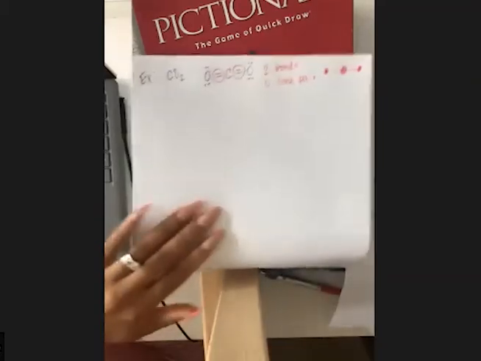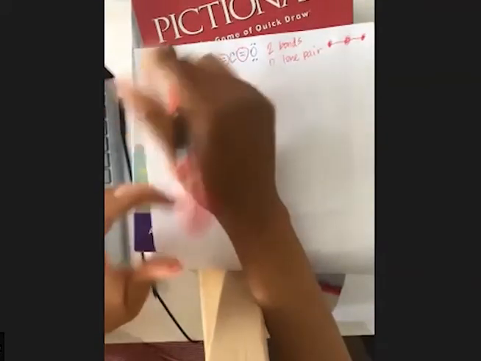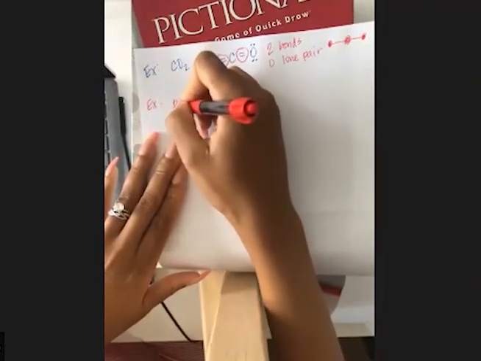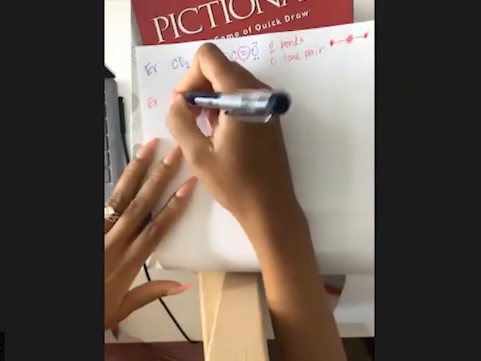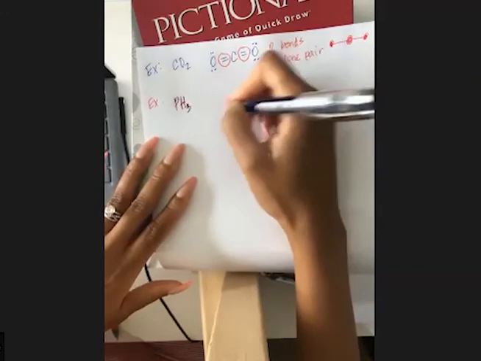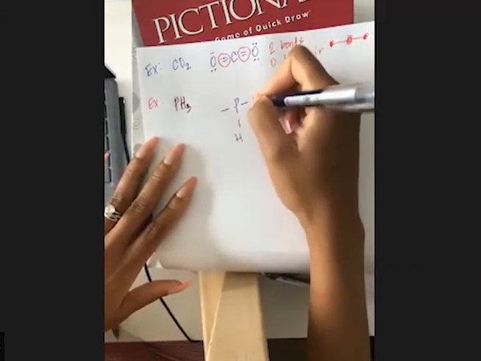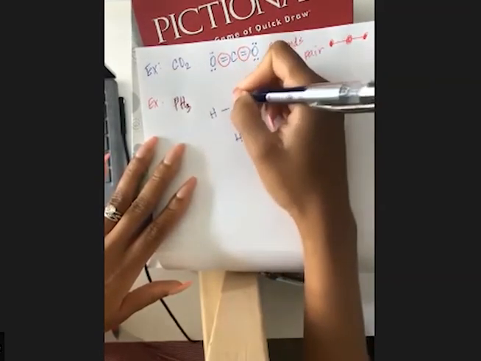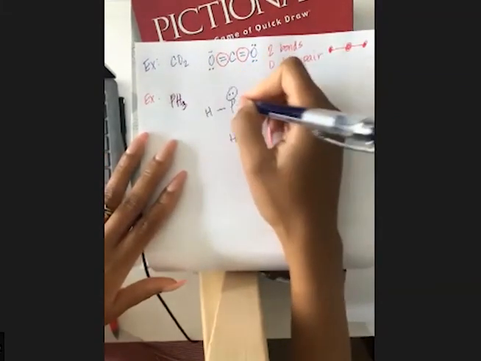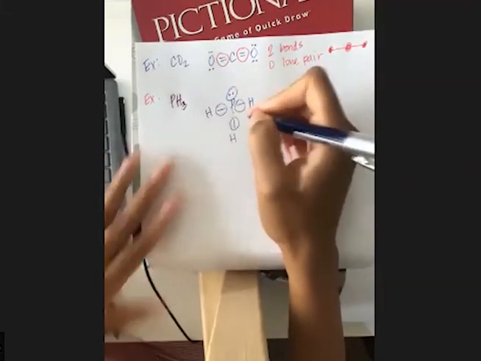We also did PH3, right? PH3 was the first one we did. And we said phosphorus, do like this. And then we had a lone pair. So once again, this is tetrahedral. I need to find one that's not tetrahedral to give you an example.